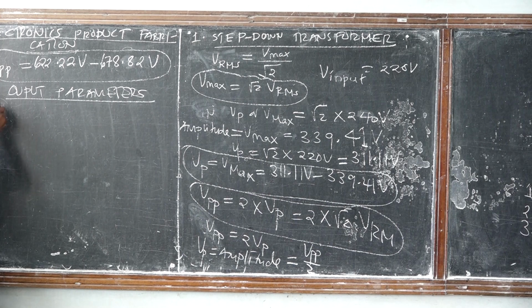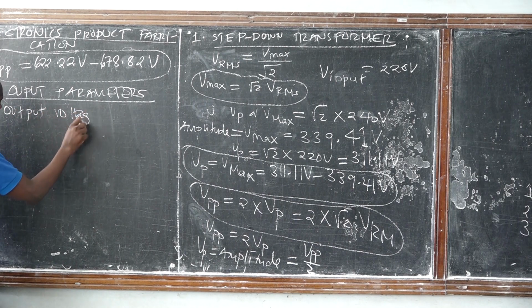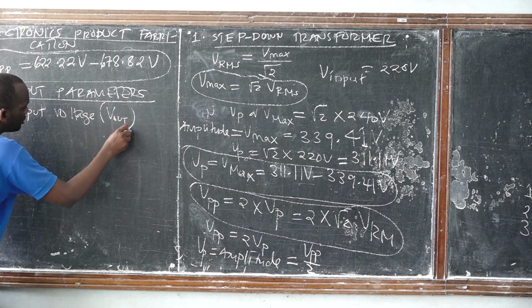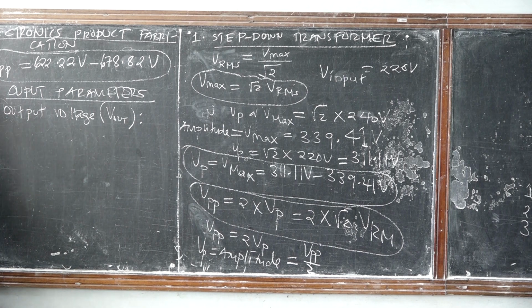The first output parameter is called output voltage. When you talk about output voltage, we talk about the output root mean square voltage. That's the first parameter.